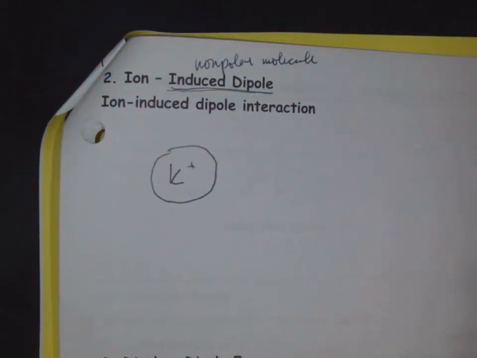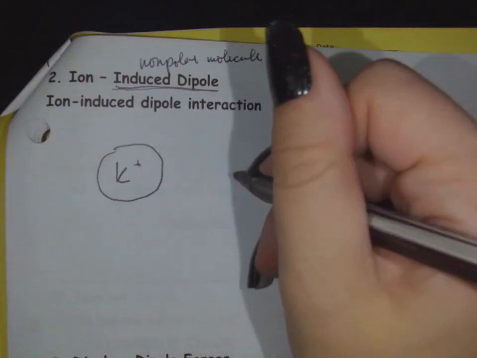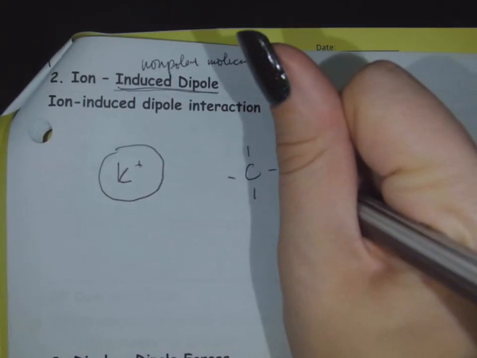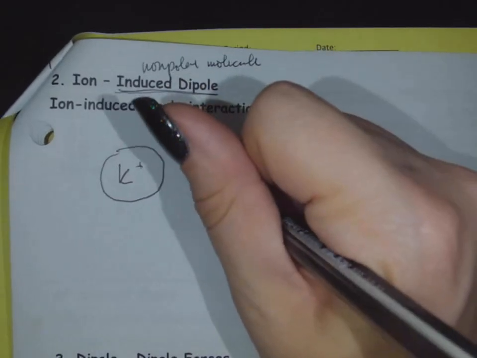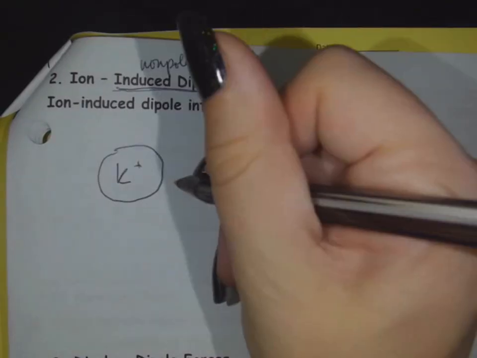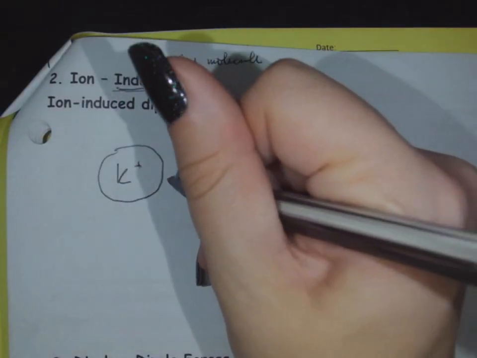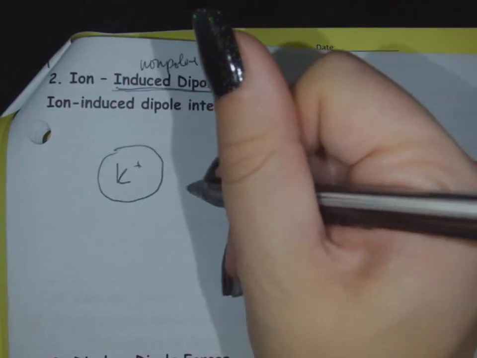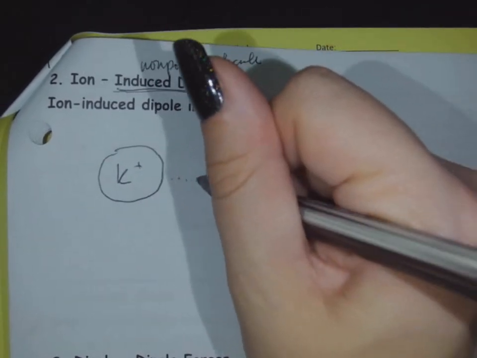So an example of a non-polar molecule would be CH4. This is also 4 domains, and they're all the same, so we get symmetry. So there is an attraction between this molecule, really anywhere on this molecule, and the potassium. There is an attraction.